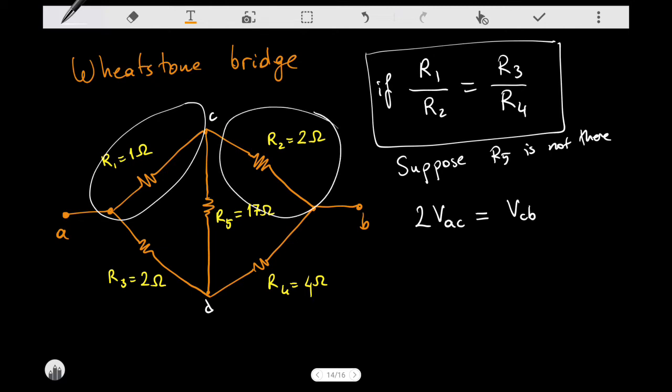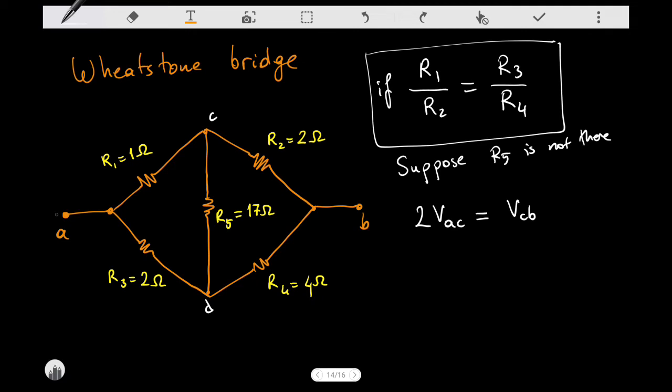The reason is that the potential drops on these resistors should be proportional to the resistances, because the same current is flowing on them. So since the resistances have the 1:2 ratio, potential drops on these two branches should also have the 1:2 ratio, and so therefore the potential of C somehow should divide that potential difference into 3 parts, and 1 part will be on AC and 2 parts will be on CB.